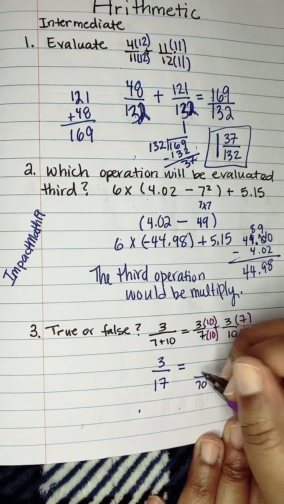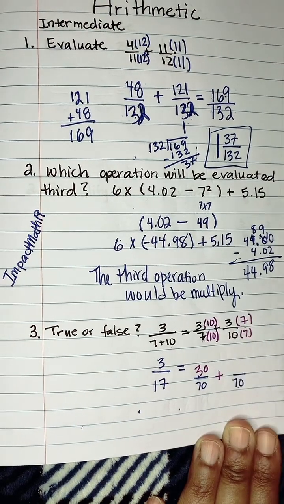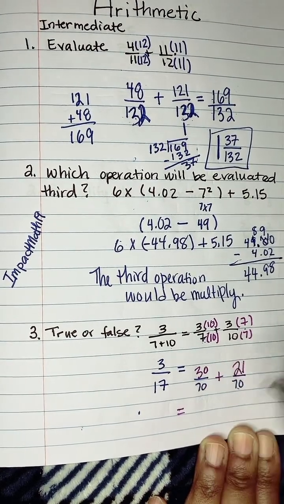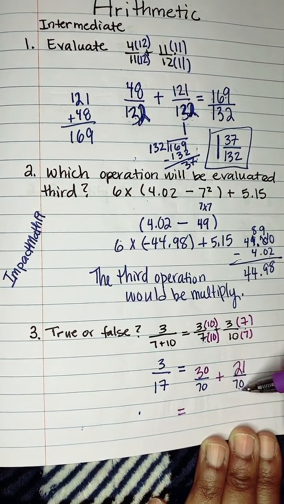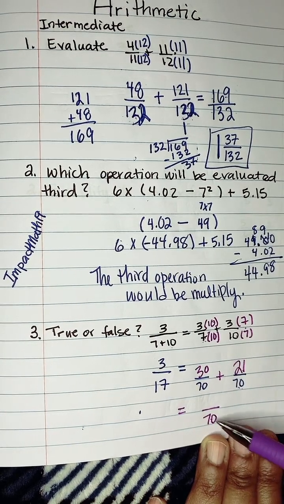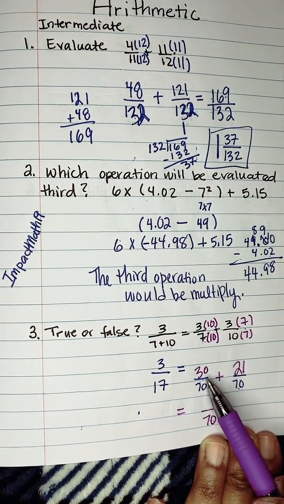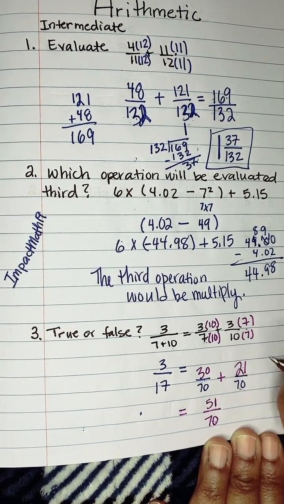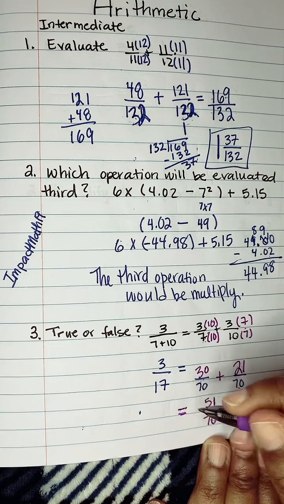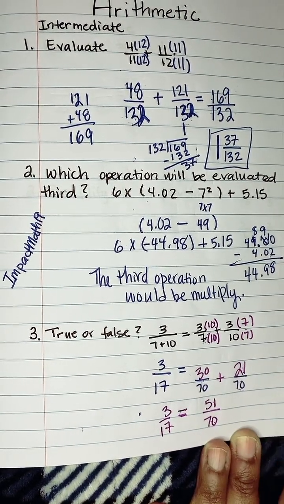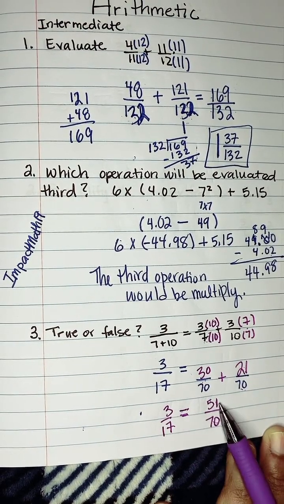So 3 times 10 gives us 30, plus 3 times 7 gets us 21. And then once we have the same denominator, we keep the same denominator, but we add our numerators. So 30 plus 21 is going to be 51. And then 51 over 70.